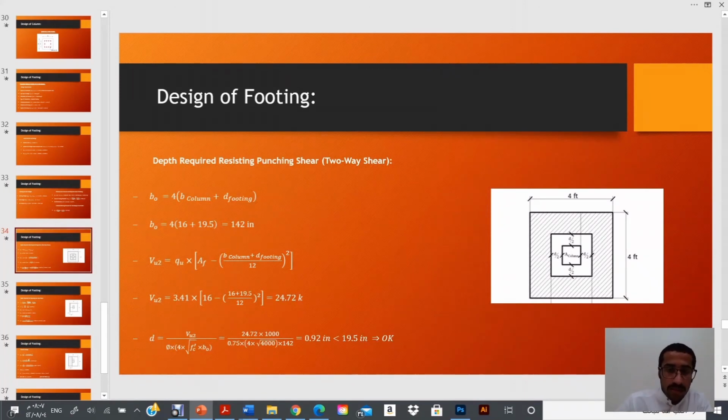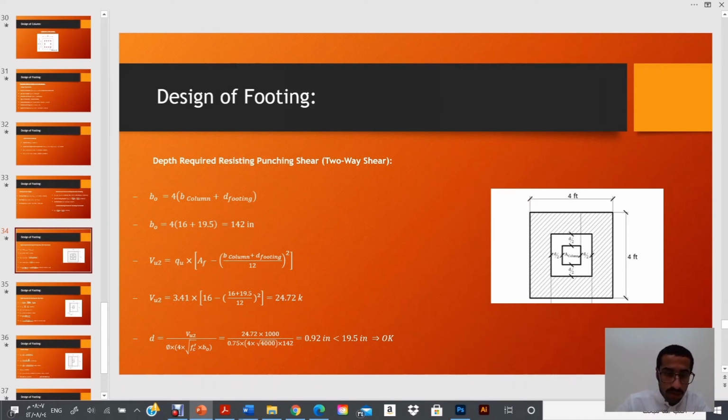The footing will be subjected to two types of shear, one way and two way, and we need to determine the depth for each type of shear. So we calculate the b0, which is the critical perimeter, equals 142 inches, which is the perimeter around the column at a distance d/2 from the face of the column.